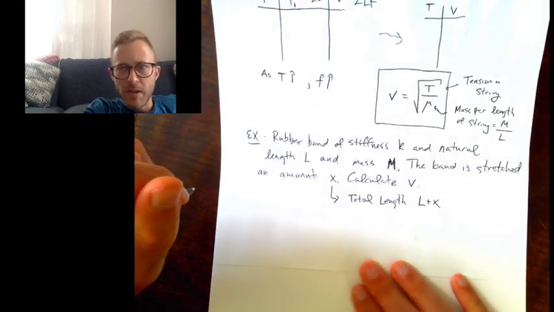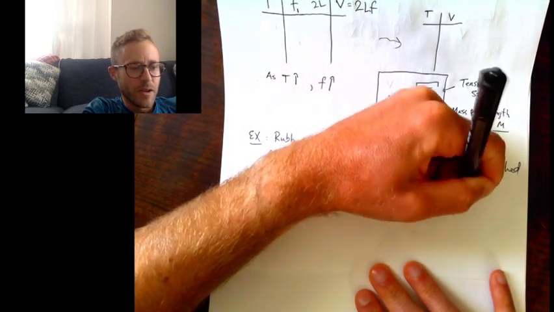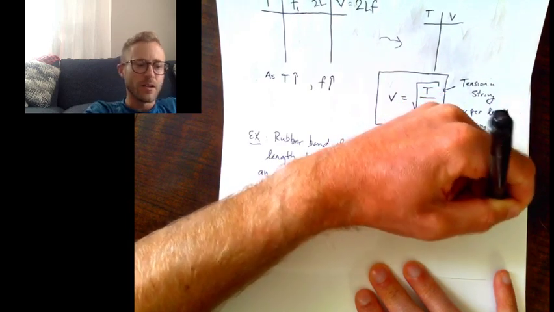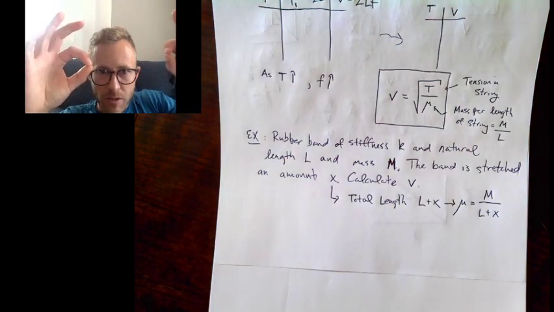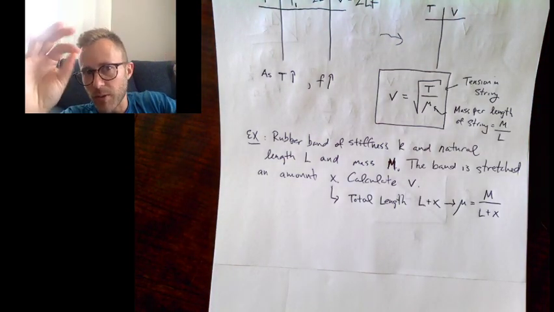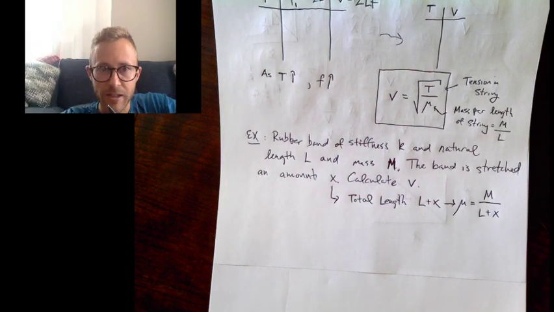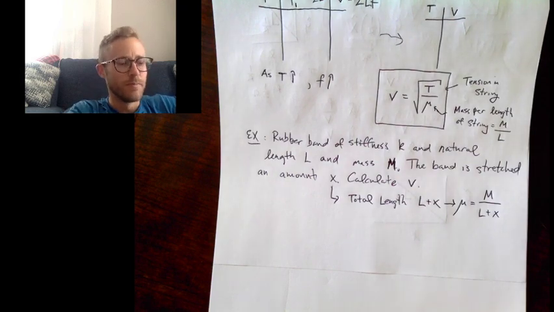So what does that mean about the mu value? That means that mu is going to be m over L plus x. Okay? So as you stretch the rubber band, the mass per length gets smaller. Why is that? It's because you're adding length to the rubber band, but you're not adding any extra mass. Okay? So this is mu.